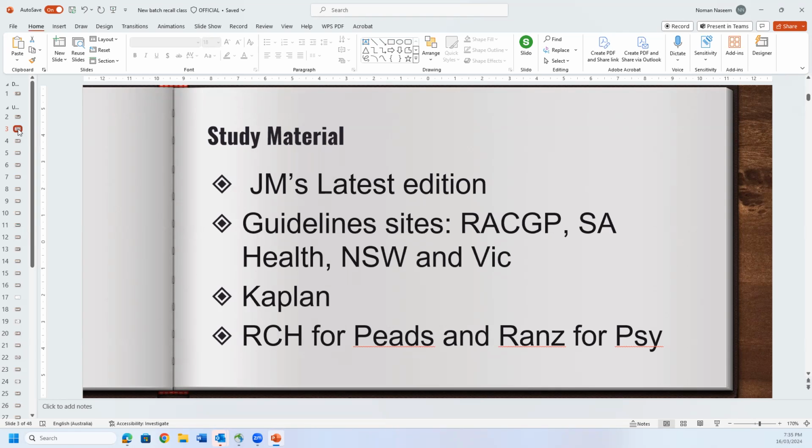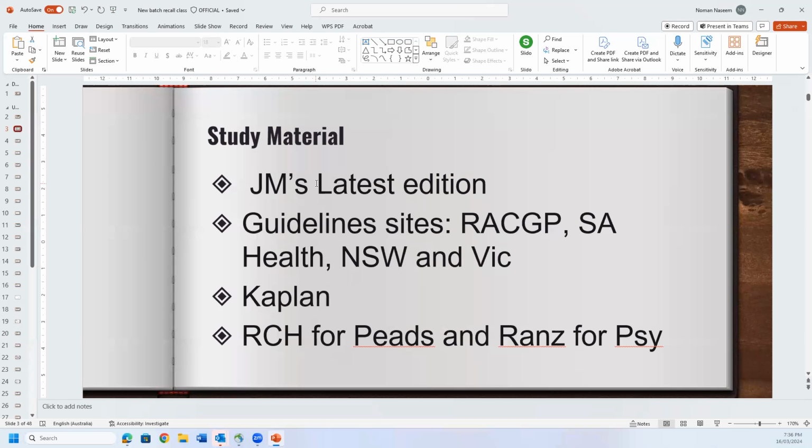Royal Children's Hospital also has evidence-based guidelines for approaching diseases of the pediatric age group. RANZCOG has all of the PDF soft copies available on their site, and also covers psychiatric cases. We also use Kaplan in our course for some of the topics which are well written over there and make a bit more sense.